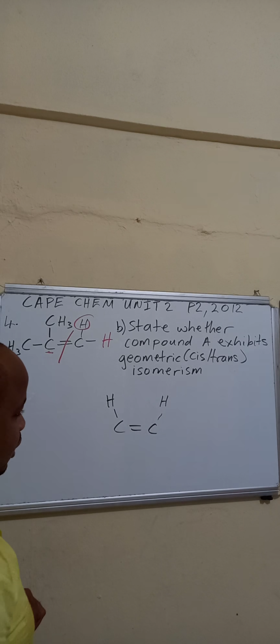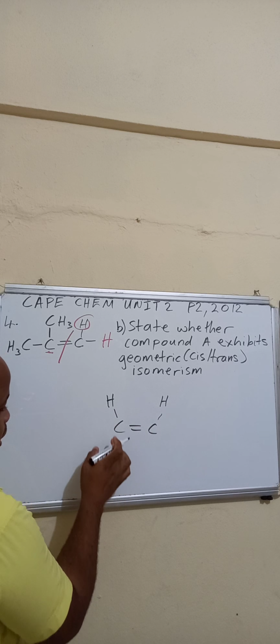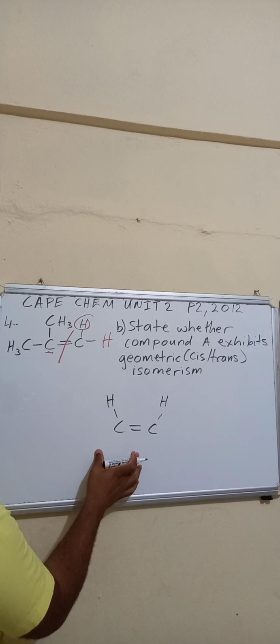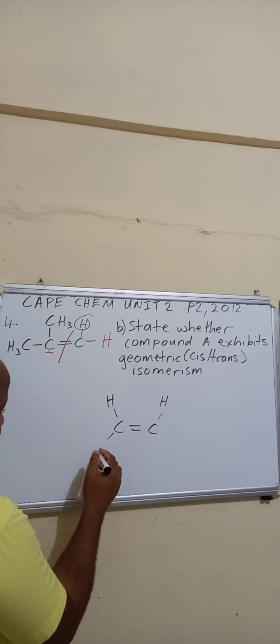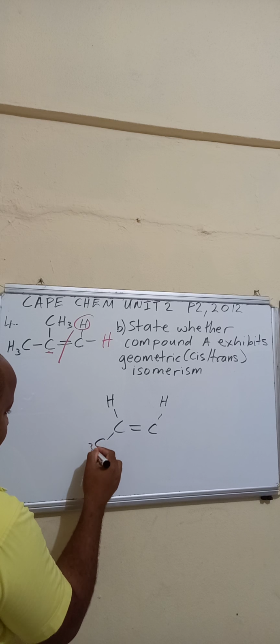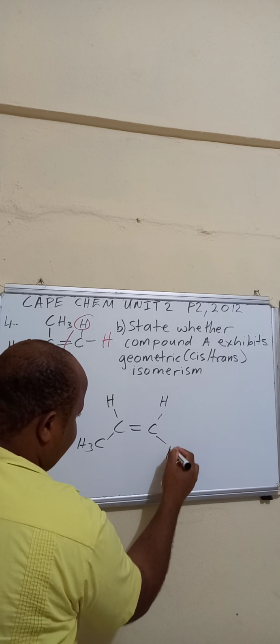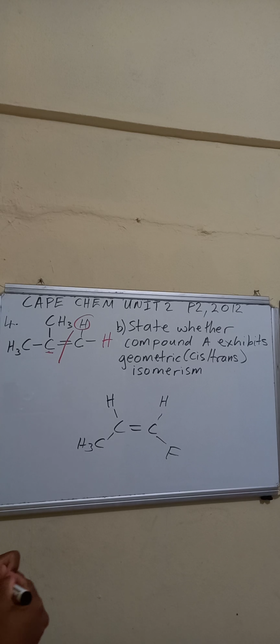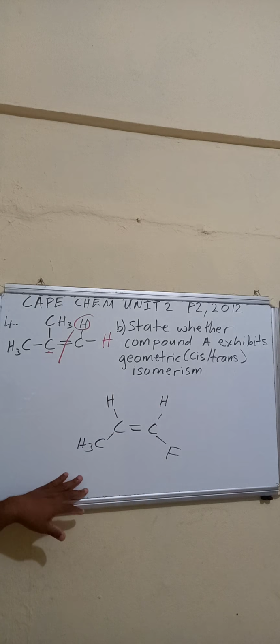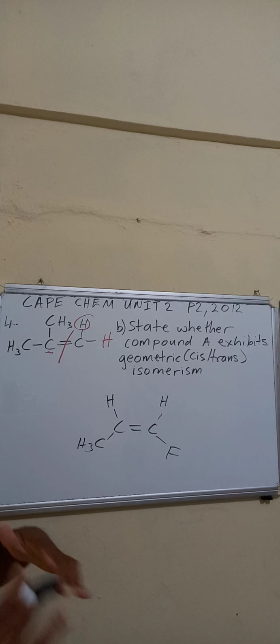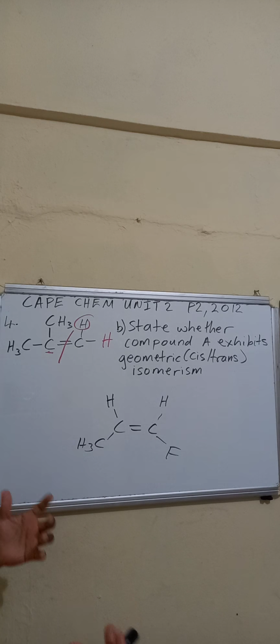The reason for that is with cis, the same groups must be on the same side, right? So let's say I have CH3 and fluorine, right? All the groups don't have to be the same. But for you to get cis and trans, each carbon of the double bond must have a group in common.